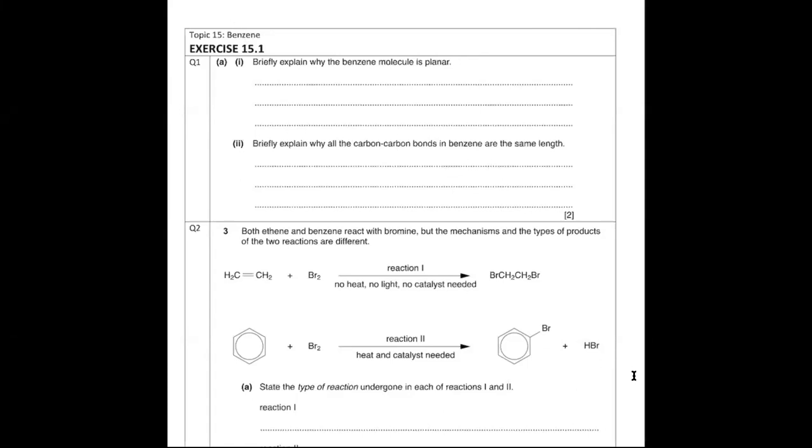Okay, so the first question: briefly explain why the benzene molecule is planar. This is regarding the structure and bonding of your benzene. If you saw earlier on, you remember that the carbon is hybridized sp2.